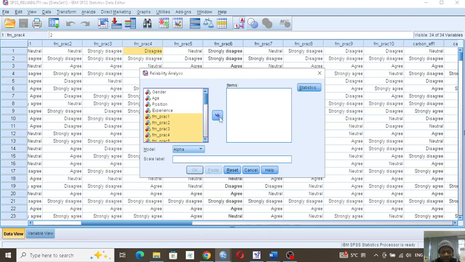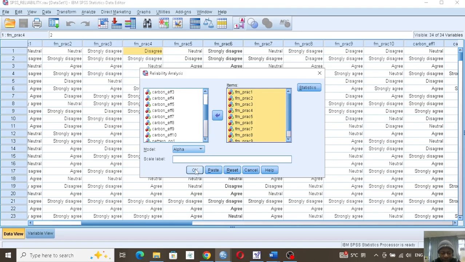So in the normal circumstance, it will be here. Then you select the items you need to work on. So we have FM. You select all the items, just hold the control key and keep selecting. Then I have finished selecting them all. Then you use this one to shift them here.